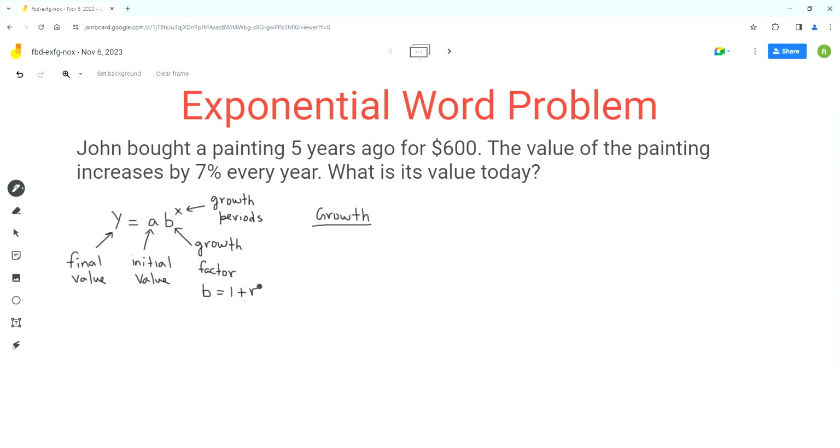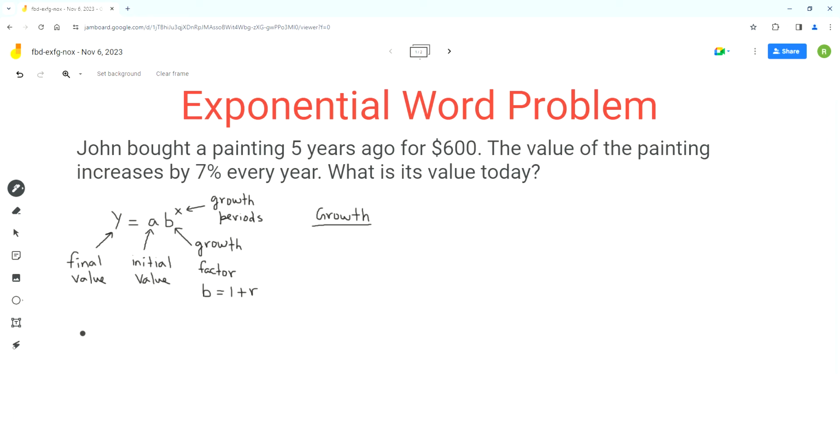So now we should list the values for these variables based on the information given in this problem. One thing to understand here is the context or the timeline that's described in the problem. John bought a painting 5 years ago for $600 and we have to find the value today. So the value of the painting 5 years ago becomes the initial value.